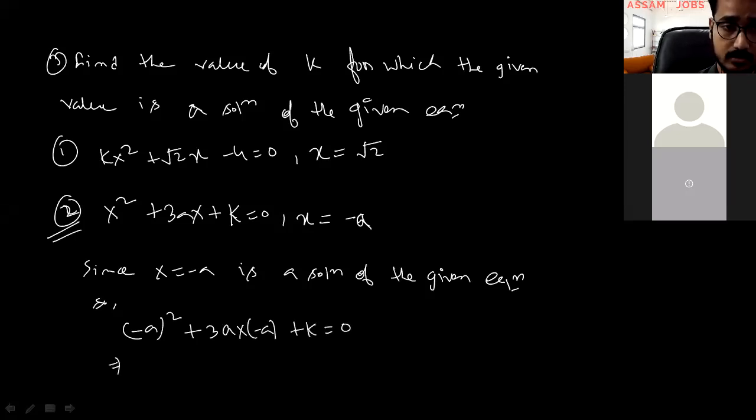Now minus a whole square will be a square, then 3a into minus a will be minus 3a square, plus k will be equal to 0.